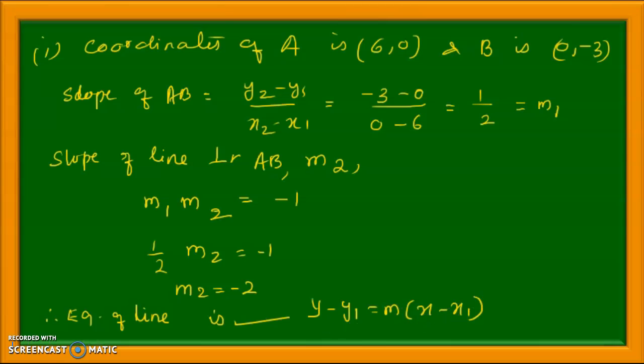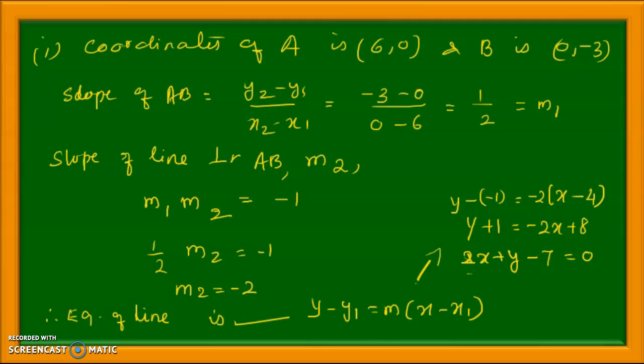Substituting the values, y minus y1, which is minus 1, is equal to the slope, minus 2, into x minus 4. So y plus 1 is equal to minus 2x plus 8. Taking all this to the other side, you will get 2x plus y minus 7 equal to 0 is the required equation of the line.